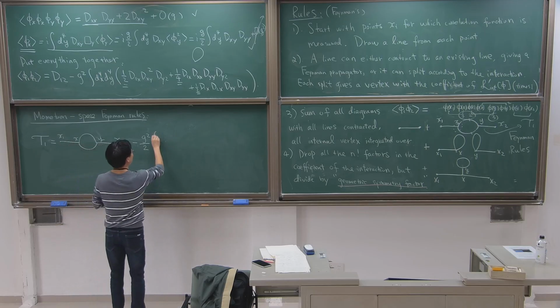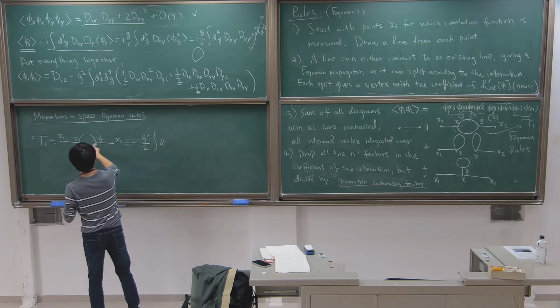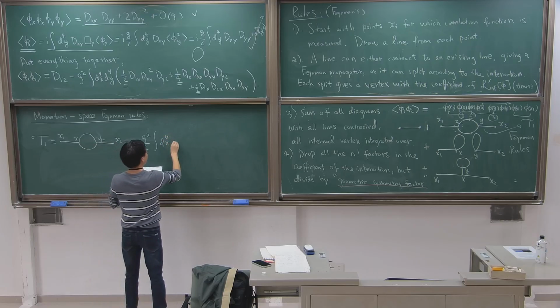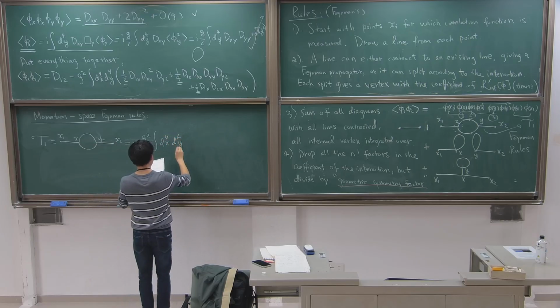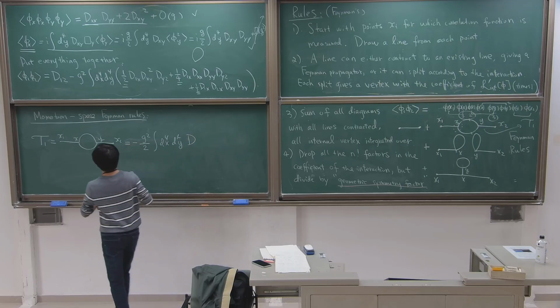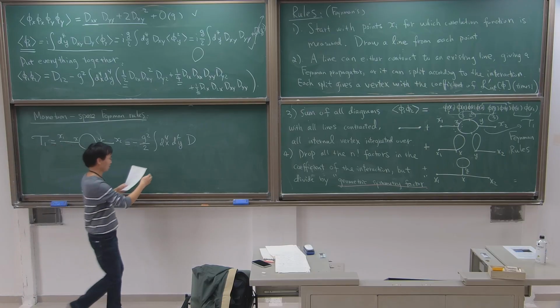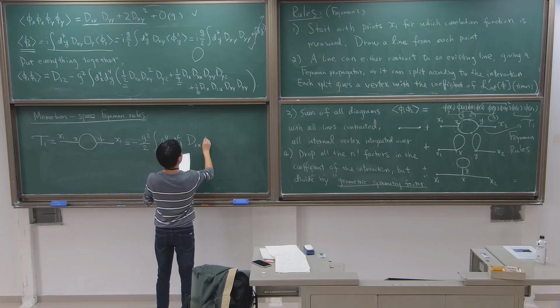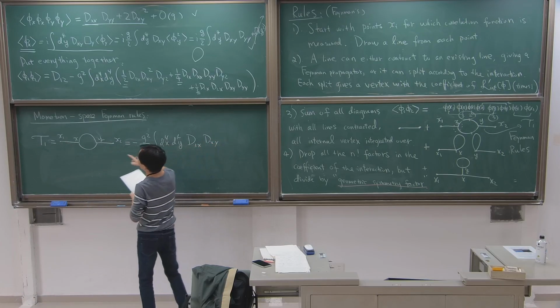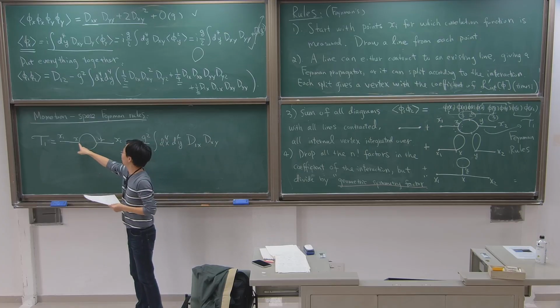This is the coefficient. Now, integrate over all the internal vertices, x and y. Now, multiply all the propagators represented by this diagram: from x1 to x, x to y, then y to x2.